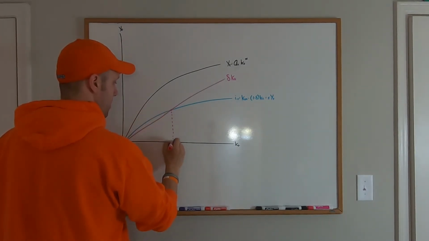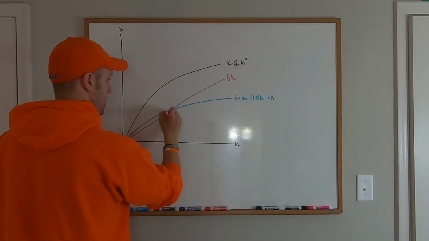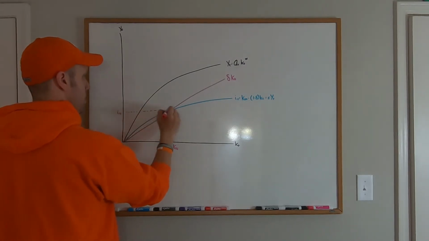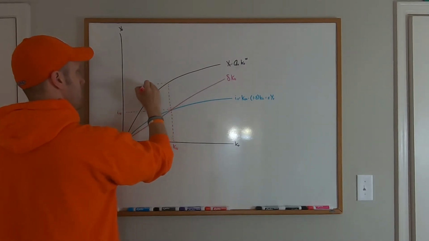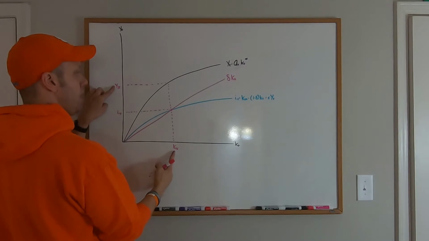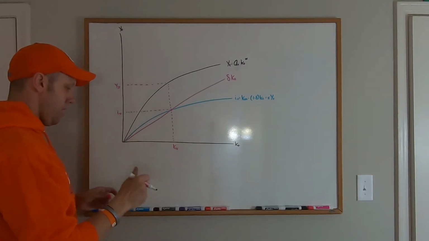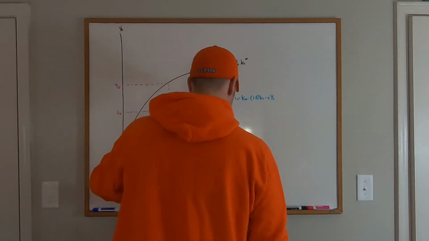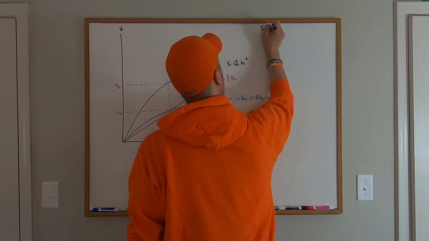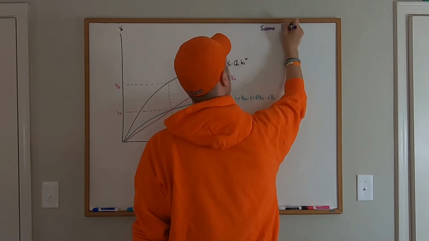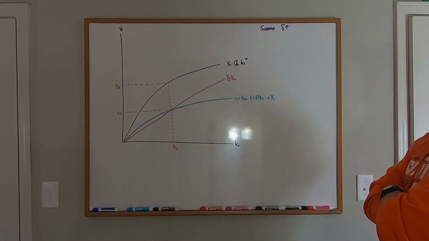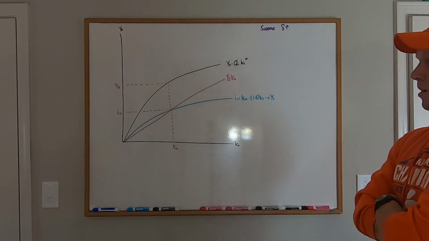So this is our initial steady state. Steady state capital generates steady state investment and steady state output. But now, let's suppose that depreciation increases. What's going to happen? Well, let's think about this.